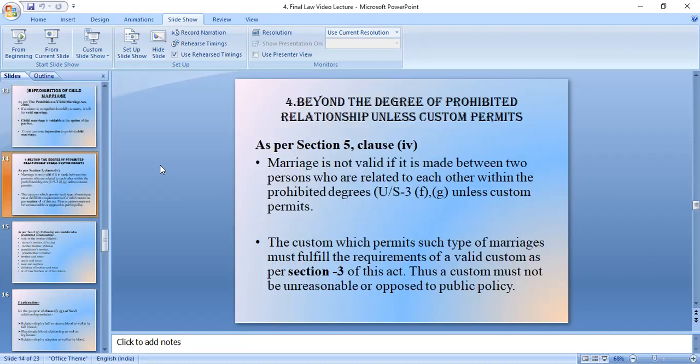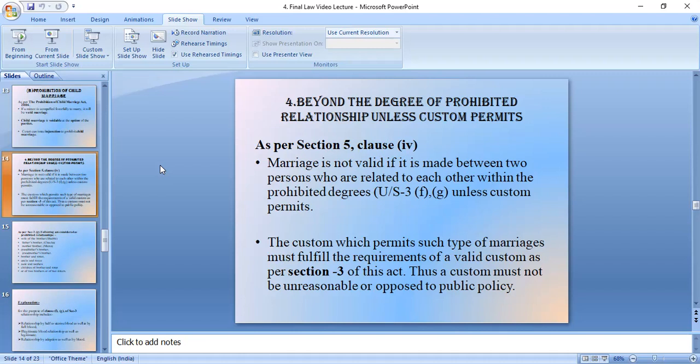Another condition for marriage is beyond the degree of prohibited relationship unless custom permits. As per Section 5, subclause 4, marriage is not valid if it is made between two persons who are related to each other within the prohibited degrees.